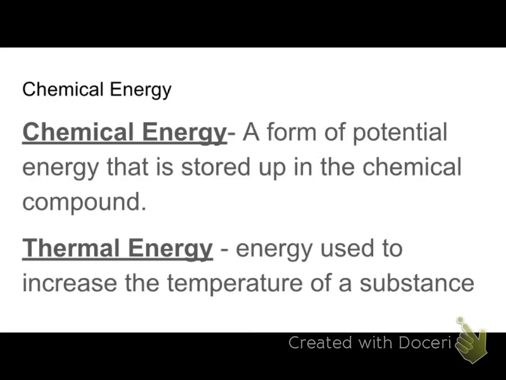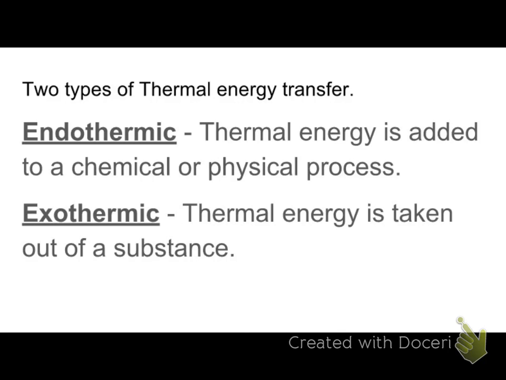So chemical energy is a form of potential energy that's stored up in a chemical compound. And glucose, like you guys ate today, goes to our cells and it's used up by our cells. And then thermal energy is the energy that will increase the temperature of a substance. Okay? So those are the two we're going to focus more of our time and attention on. There's two types of thermal energy, or thermal processes.